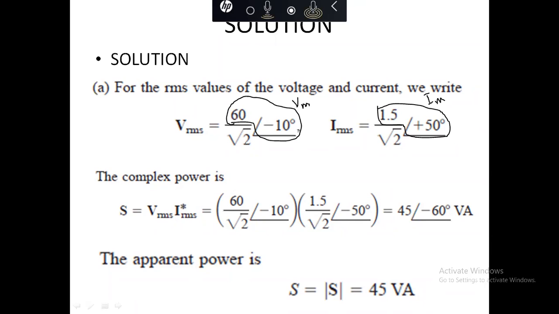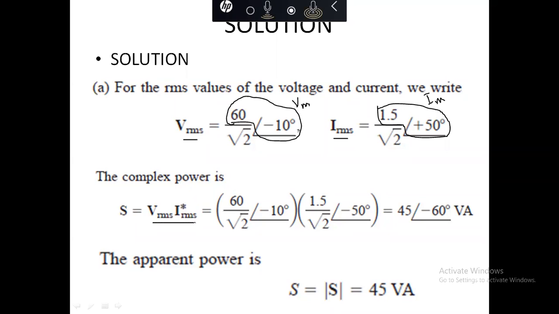So we divide this Vm by under root 2 to find the value of Vrms and Irms. Now, for complex power, we have Vrms times Irms conjugate, right?